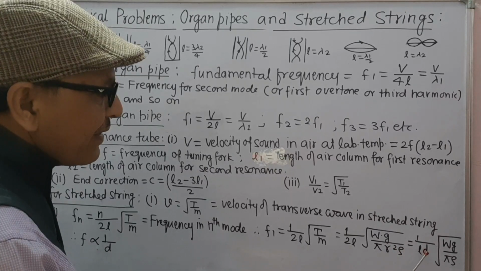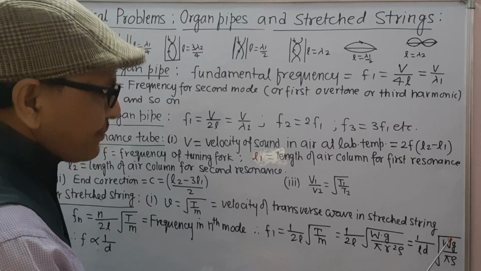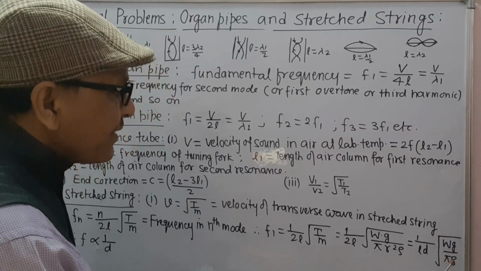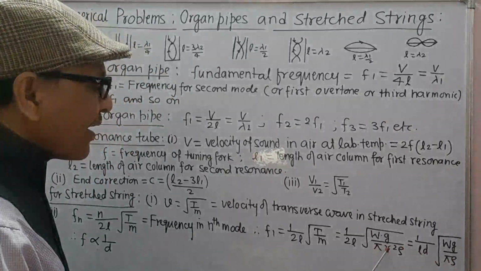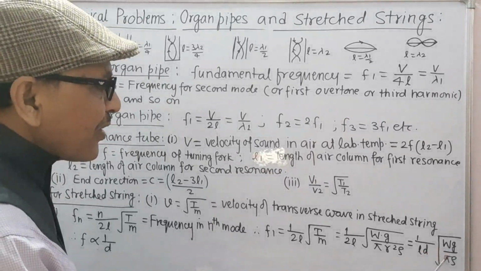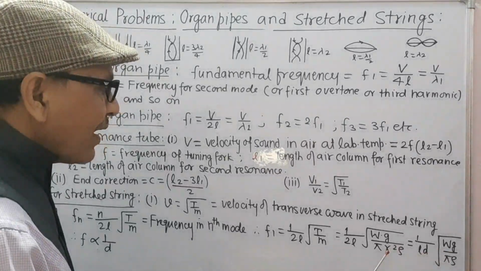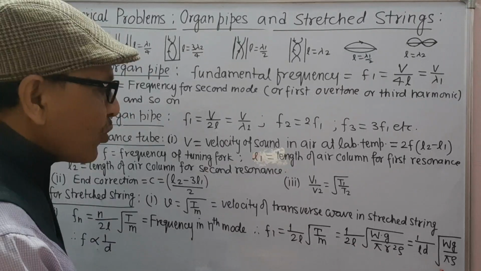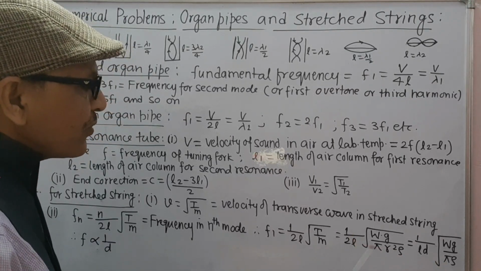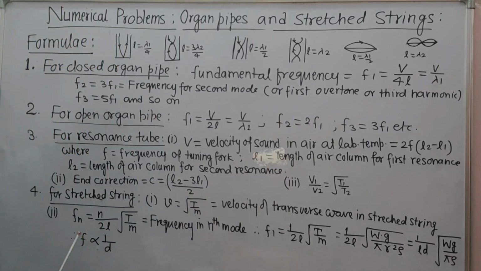So, F1 is 1 upon L d under root W into g upon pi into rho, where r has been replaced by d by 2. So, d square by 4, under root 4 here cancels this 2. Thus, we see that frequency is inversely proportional to the diameter of the string.